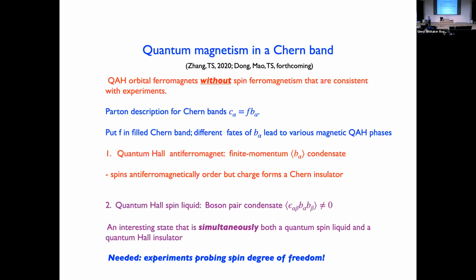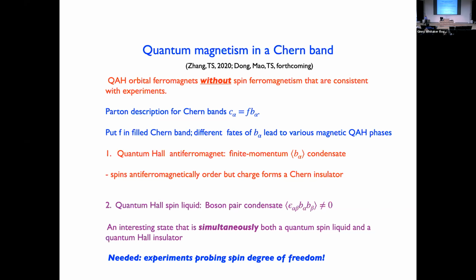And different things that the boson does give you access to different magnetic quantum anomalous Hall phases. A simple example is a quantum Hall antiferromagnet where the boson condenses at finite momentum. So the spin could be an antiferromagnet, right? We don't know from experiments whether it's an antiferromagnet or a ferromagnet.